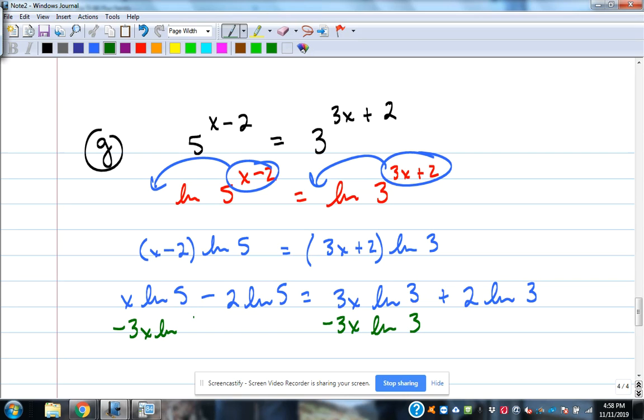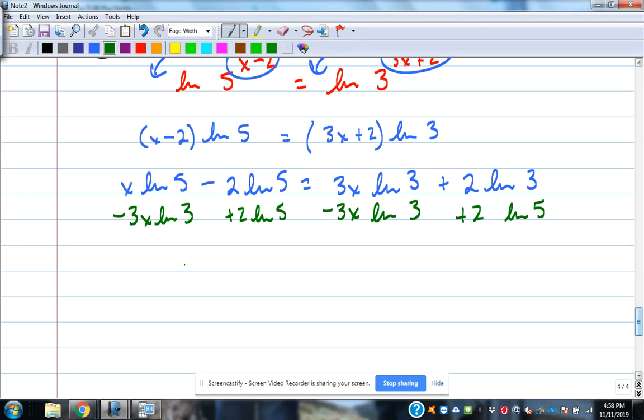No, it does not matter which side you go to. You pick whichever way you want to. It'll get the same answer. And then I'm going to do 2 natural log of 5 plus 2 natural log of 5. So that's going to give me x natural log of 5 minus 3x natural log of 3 is equal to 2 natural log of 3 plus 2 natural log of 5.